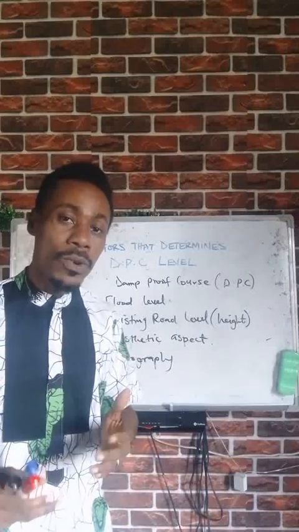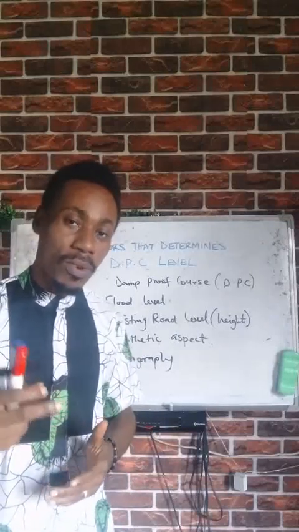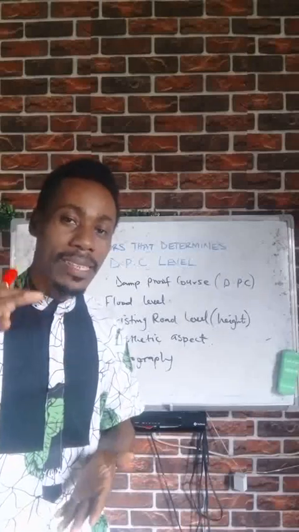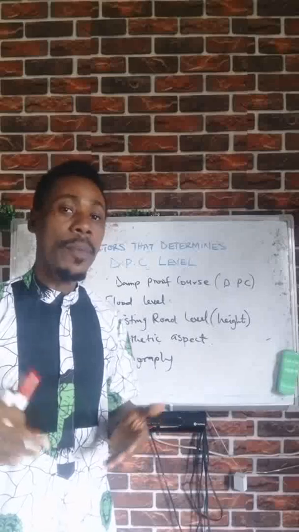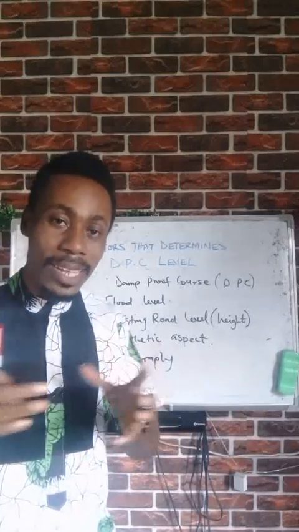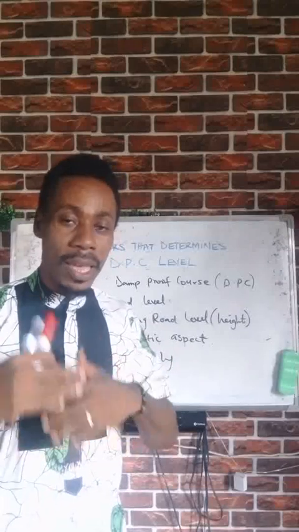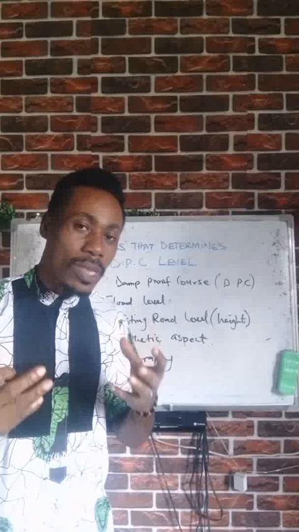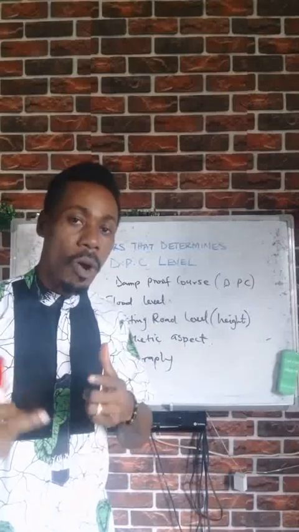When you raise your DPC level to be high enough, the extent of capillarity will be curtailed, because capillarity has to do with the movement of water in a medium, in this case maybe a block or concrete. Water tends to move upwards.